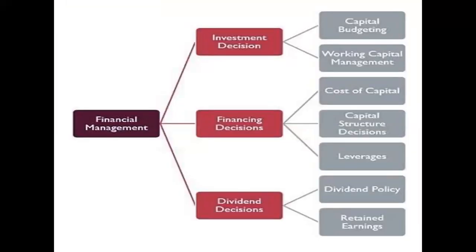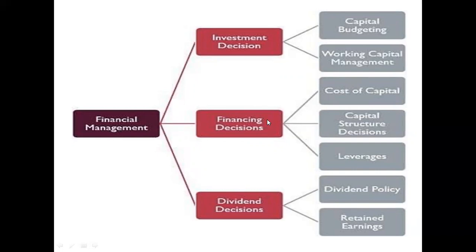So you can see that financial management has three scopes. The first one is investment decision. Investment decision includes capital budgeting, that is to make a budget of the finance and to use it in the whole financial year. Then working capital management, that is, what amount of finance is used in the day-to-day operations of the business. Then we have the financing decisions.